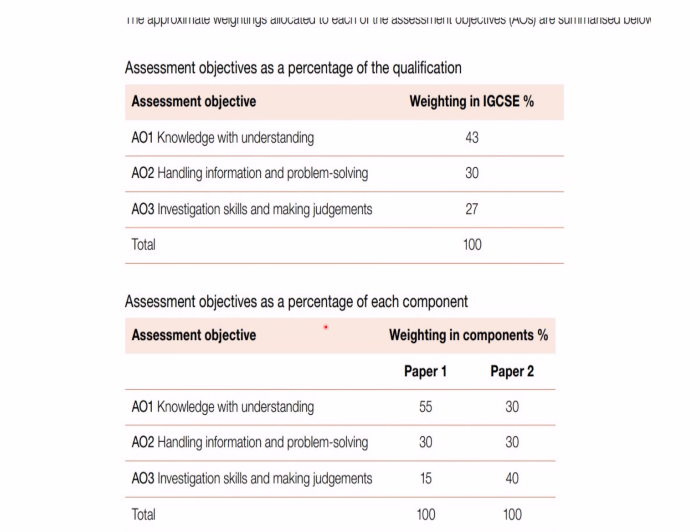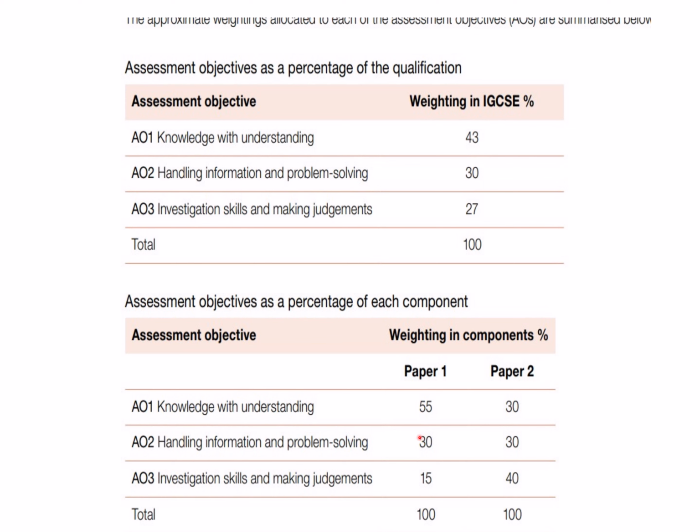Assessment objectives as a percentage of each component. Here are the assessment objectives with the weightage in components percent, that is a comparison between paper 1 and paper 2. The weightage of the objectives is different for paper 1 and paper 2.